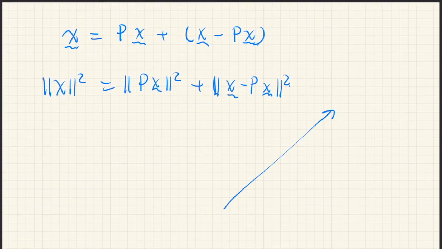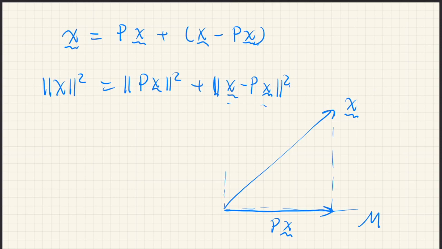If we have a vector x, then we can project this onto the subspace M. So this is subspace M. So that will be px. And x minus px would be some vector like this. So this will be x minus px. And they are orthogonal to each other, right?